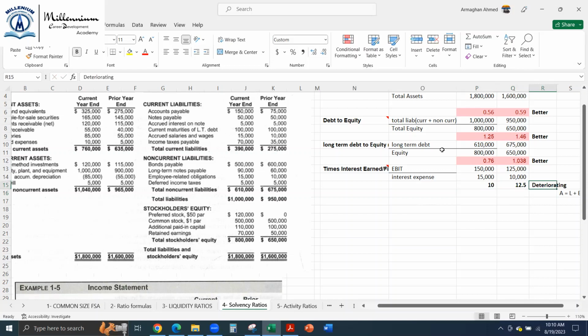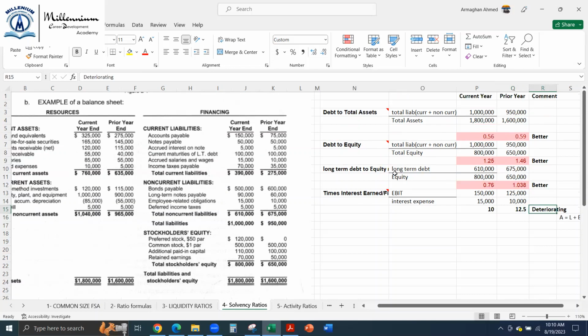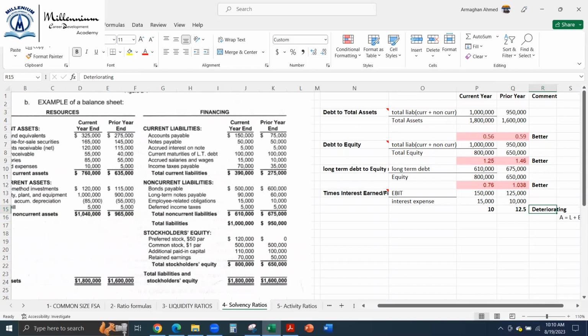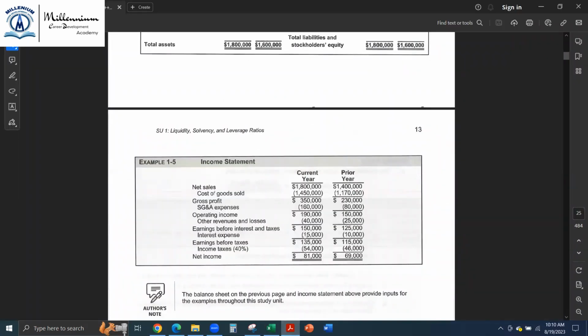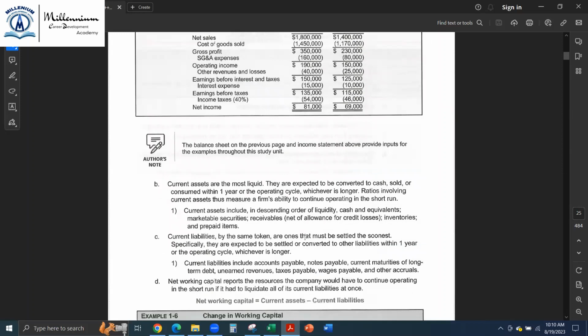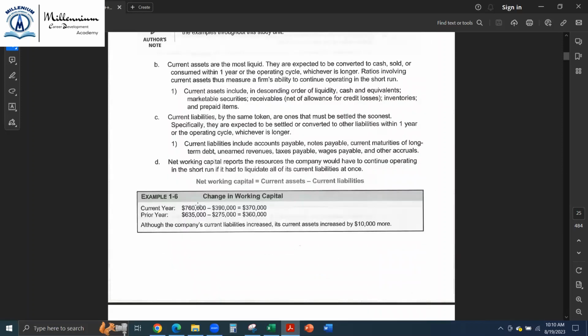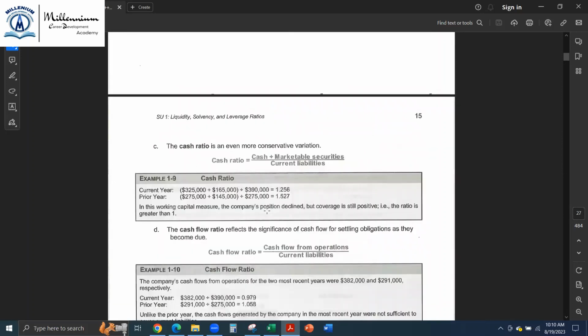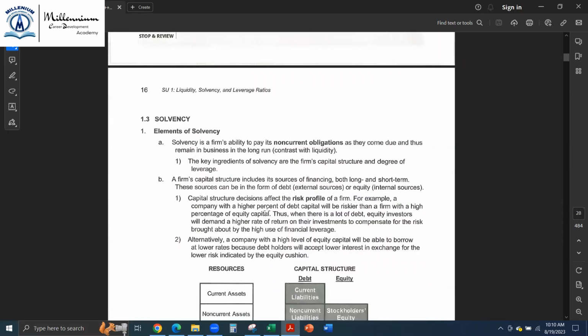So this is what we understand here about the solvency ratios. We already discussed the current ratio, quick ratio, and asset test ratio.